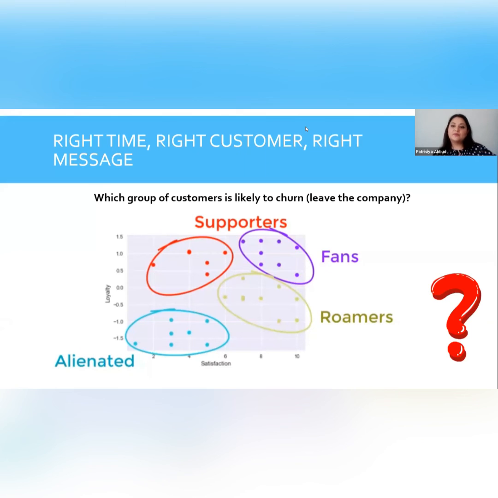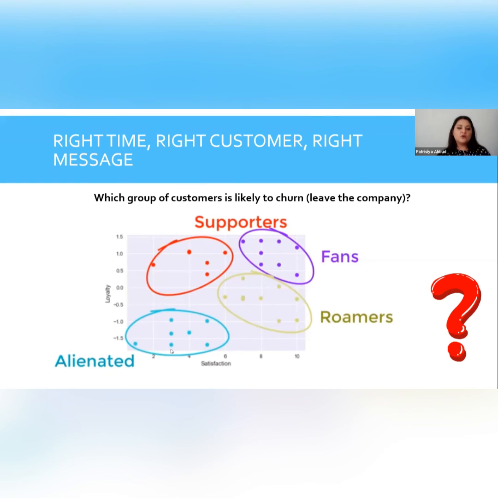Let me share the screen again and show you. It may also be a good answer, but in this case, the group of people who is likely to leave, so to churn, as it is called, is the group called alienated.